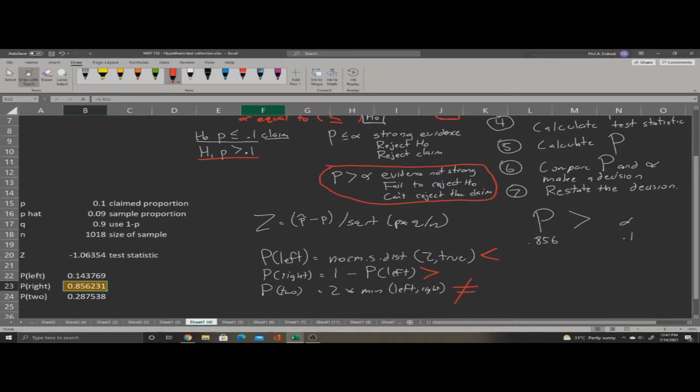This means we fail to reject the null hypothesis and we have to box it in. Again, that doesn't necessarily mean that the null hypothesis has to be true. It just means based on the evidence we have, we can't cross it out, so we have to stick to it. This also means that we can't cross out the claim either, because the claim is part of the null. So we can say that there isn't sufficient evidence to reject the claim.